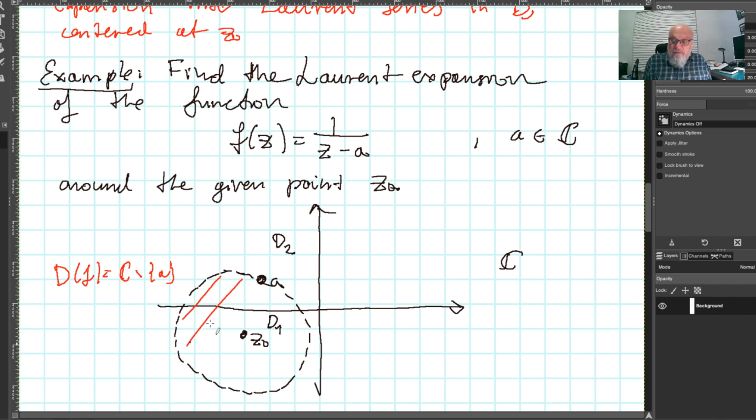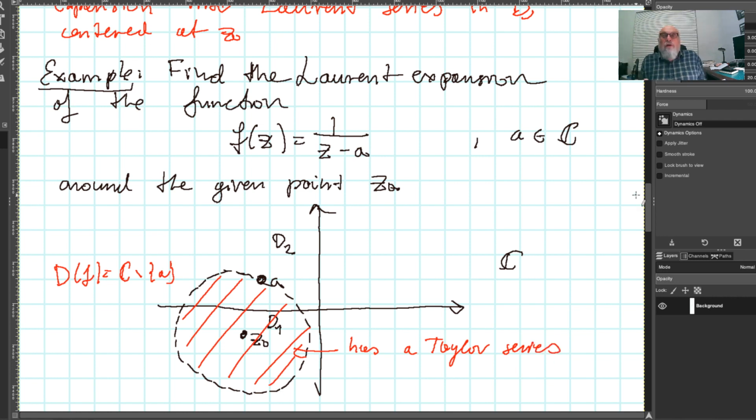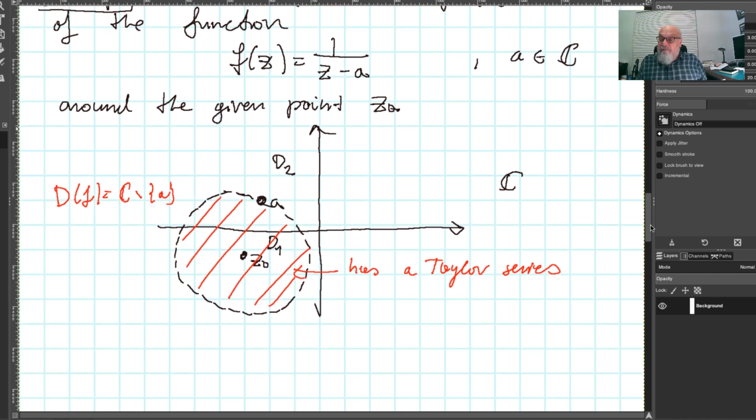In D1 the expansion is just the Taylor series, which is of course also a Laurent series with no negative terms, and we know how to do it from the previous classes.